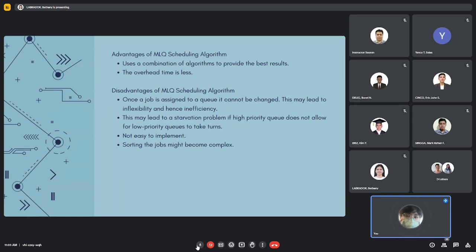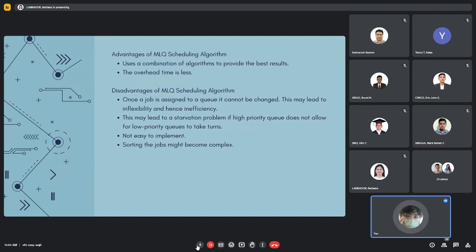The overhead time is less, and its complexity of queuing is fixed. When it's the highest priority, it's the highest priority.